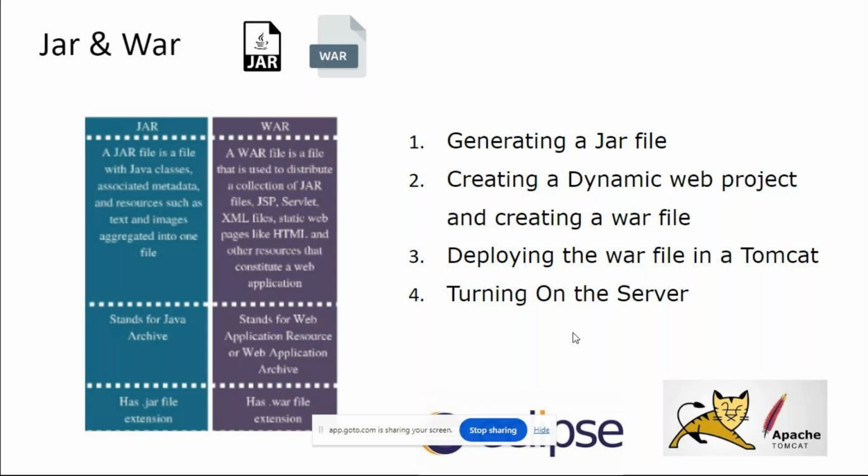You combine all your packages, classes, everything into a bundle, either as a jar or as a war, and this jar or war gets deployed in your Tomcat or JBoss or any other server like WebLogic.